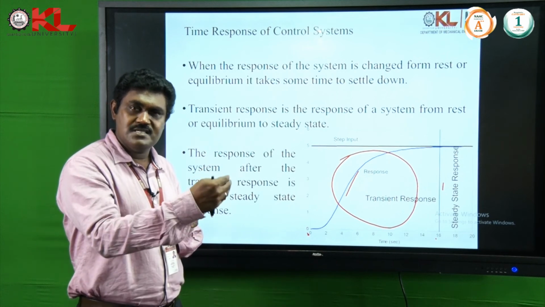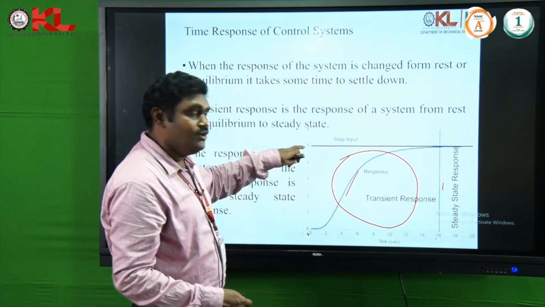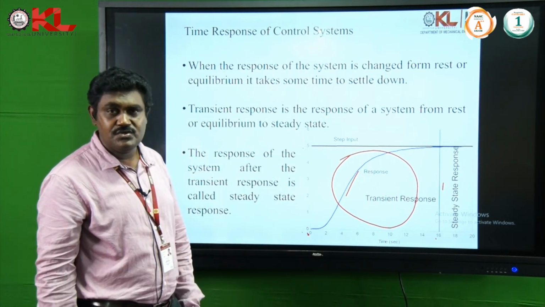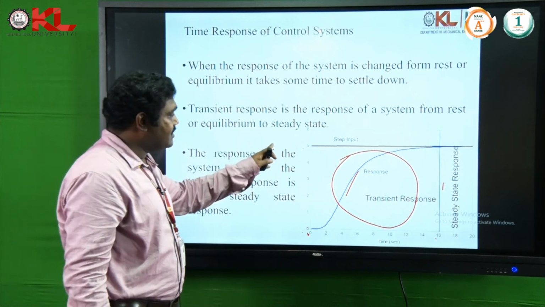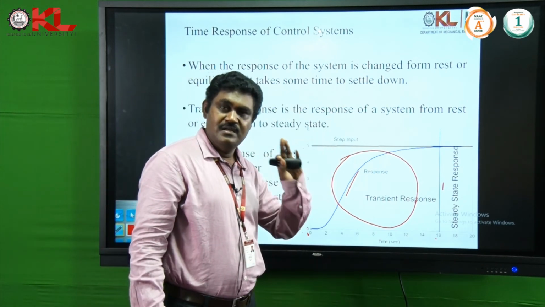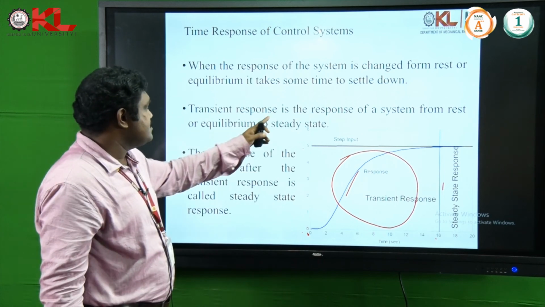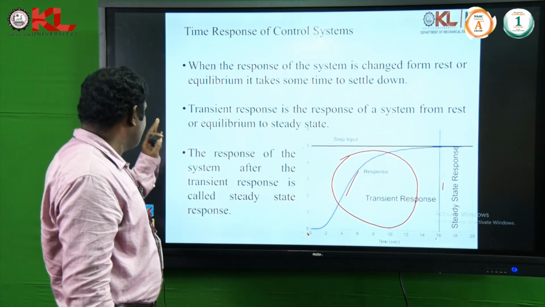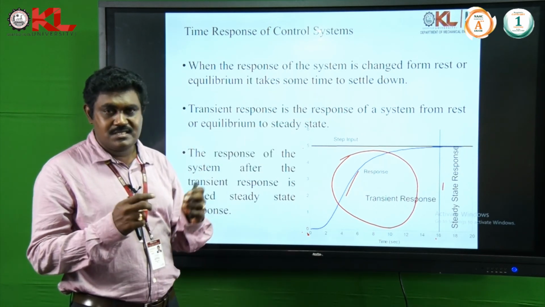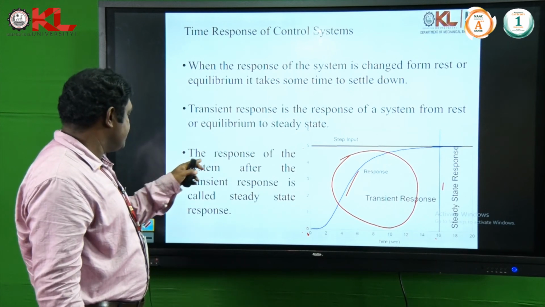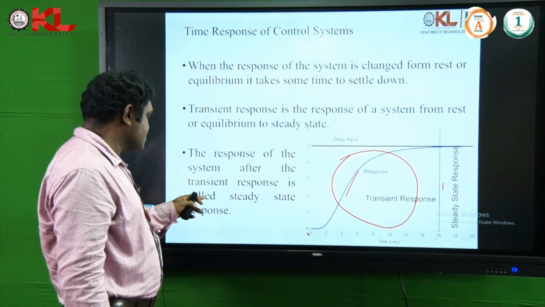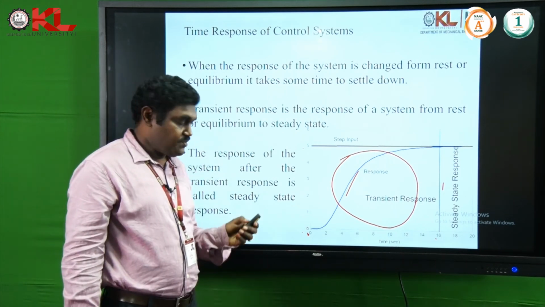From 0 to 16 seconds, it varies from 0 to 5. After that, it almost maintains the output value of 5. So, the transient response is the response of a system from rest or equilibrium to the steady state, and the response after the transient response is called the steady state response.